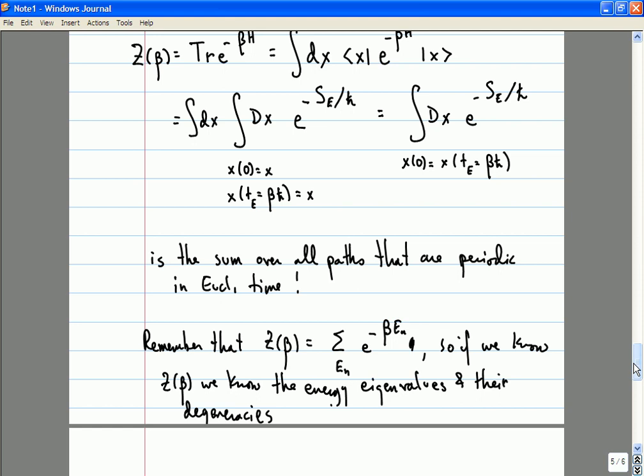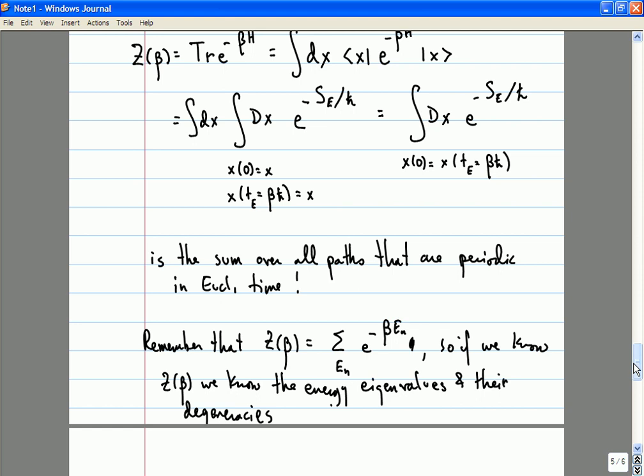If you can perform the Euclidean path integral in Euclidean time and view that as a function of the periodicity in Euclidean time and compute that function of beta, then you should be able to read off the complete spectrum of the Hamiltonian. For example, you could look at the limit where beta is going to infinity, that is to say where T is going to 0. That's a Euclidean path integral where the periodicity in Euclidean time is very long.